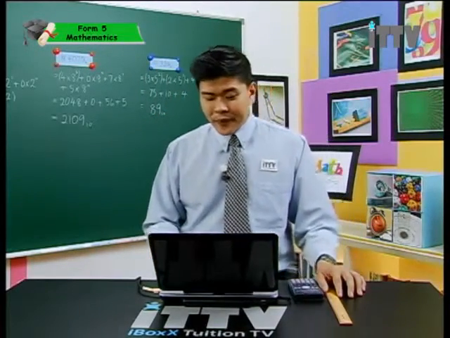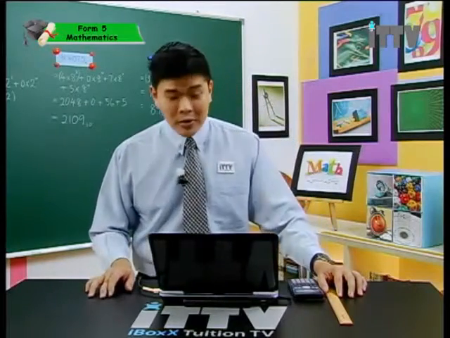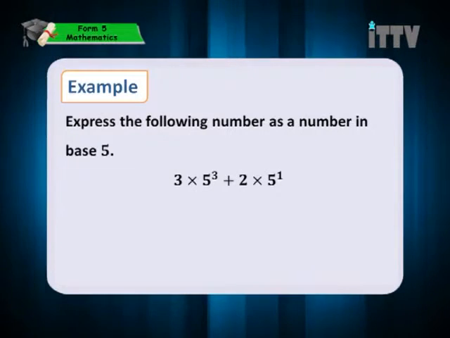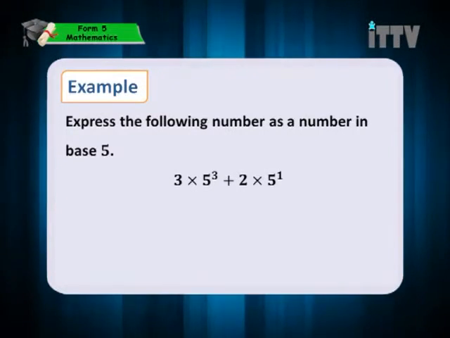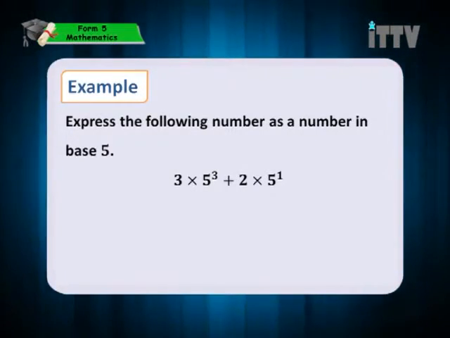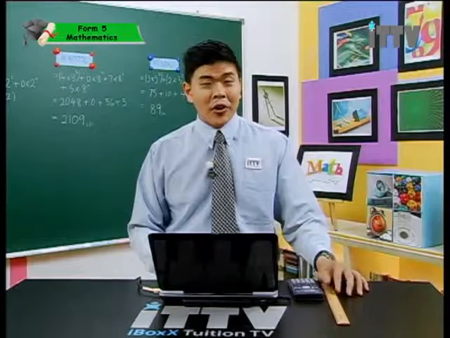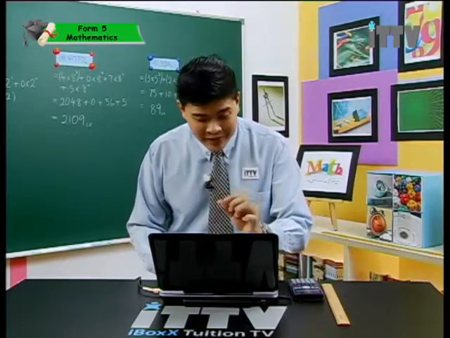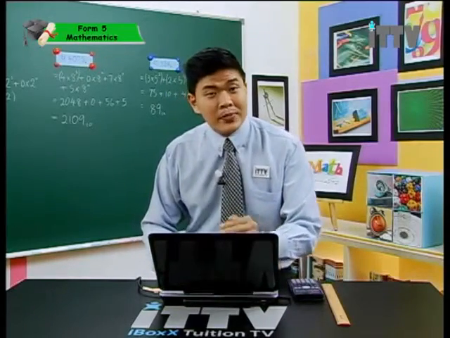Now, next example. Express the following number as a number in base 5. 3 multiplied by 5 to the power of 3 plus 2 multiplied by 5 to the power of 1. So what is it? At one look, you should be able to tell because this is in expanded notation.